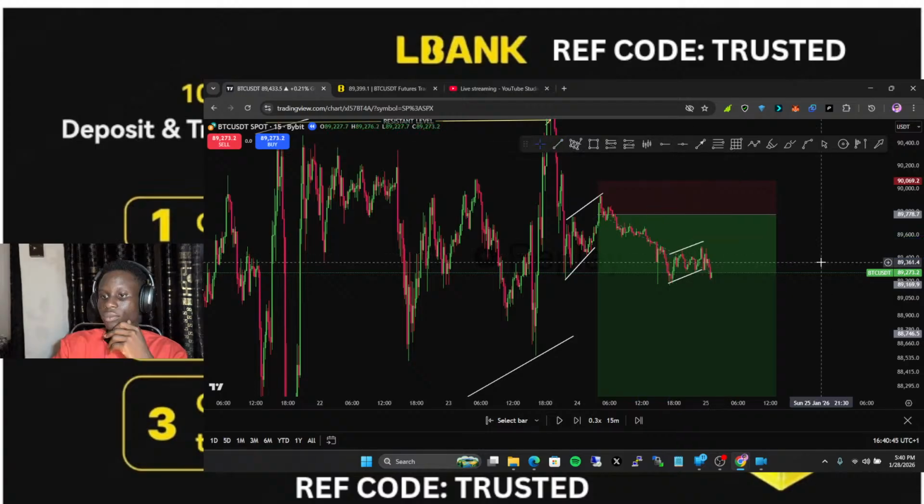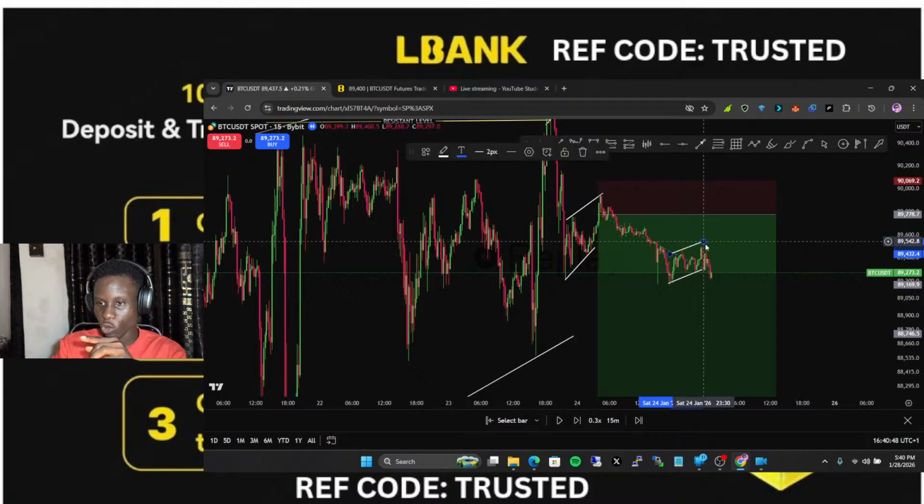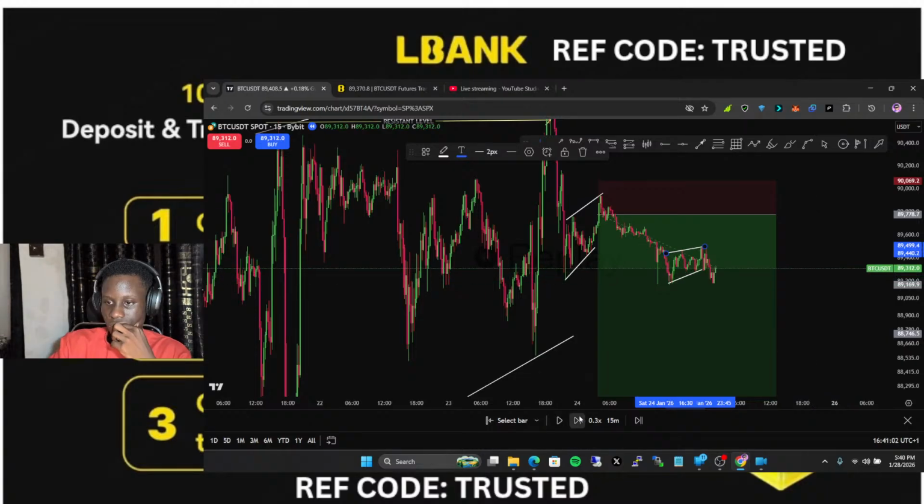Yeah, so that's another entry model, and that's also a continuation to the downside. So I've touched the breakout entry model, and now we are currently on the continuation entry model. And we start selling to the downside. You can see how effective this entry model is, right?